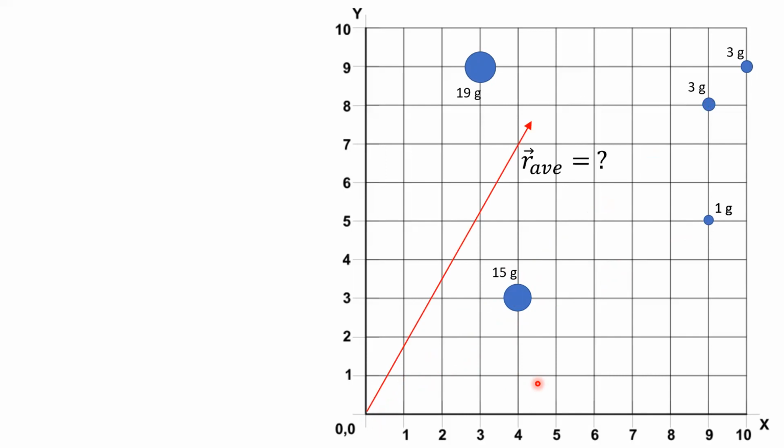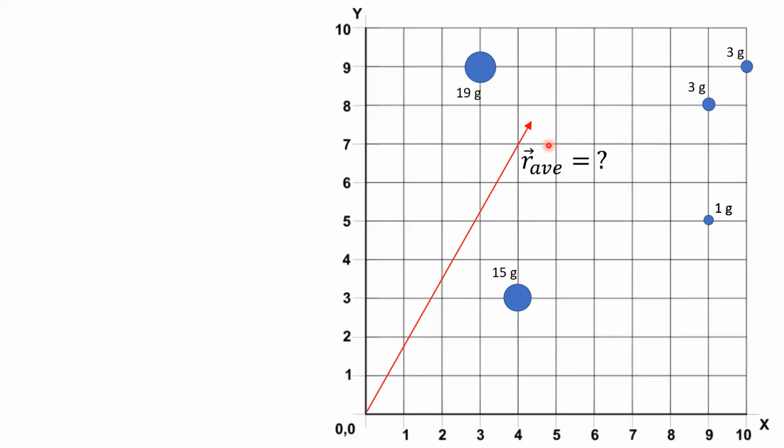Now, what do I mean by average location? Well, if all of these were equally massive, if they were all, let's say, 1 gram, then you might expect the average location to be somewhere in the middle. But because the masses over here are considerably greater in mass than those on the right, that tends to pull the average location towards those more massive ones.